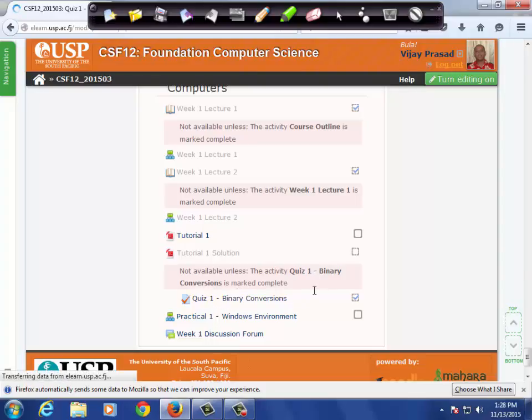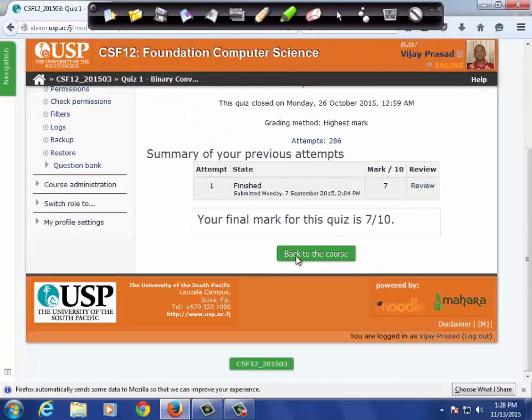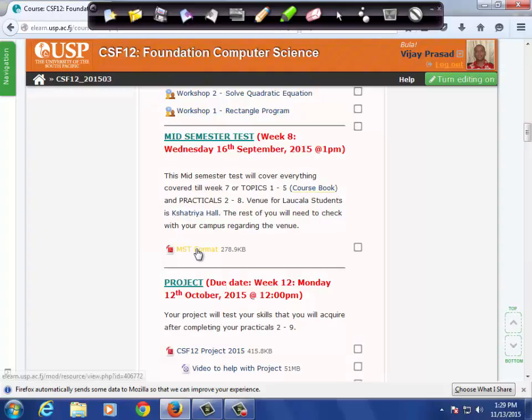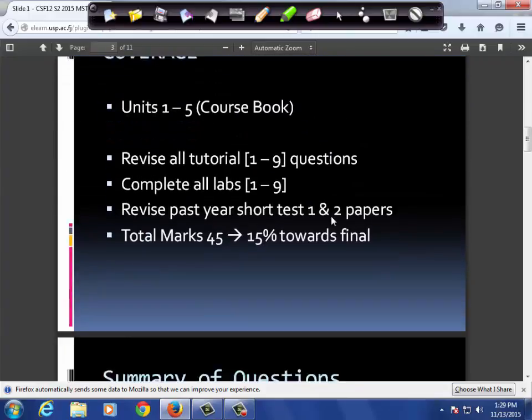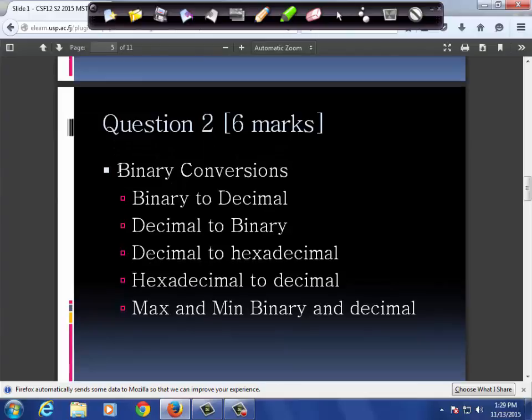If you look at this quiz, this is basically on binary conversions, and this is how the students are assessed, and they are given 2 attempts for the quiz. And the paper is also here, in MST paper format. If you can just quickly have a look at it, in their MST paper, one of the topics that is covered is binary conversions. So this is how they are assessed in a very formal way.